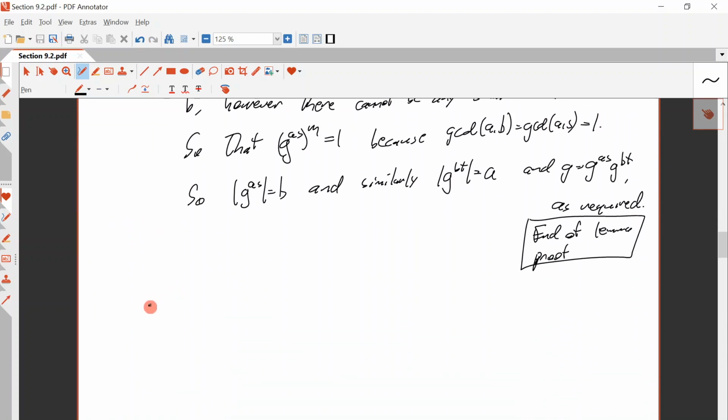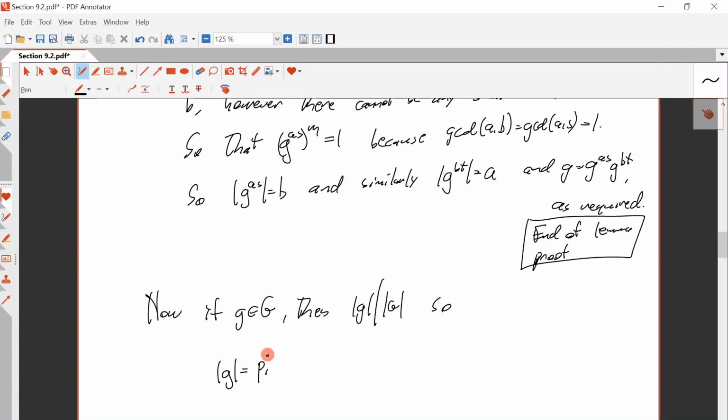Okay, so now, if little g is in G, then the order of little g divides the order of G. So the order of little g is equal to P1 to the F1, P2 to the F2, Pm to the Fm, right, where each Fi is less than or equal to Ei, where P1 to the E1, P2 to the E2, Pm to the Em was the order of G. So if you're going to divide the order of G, then you're just lowering those exponents some, if anything.